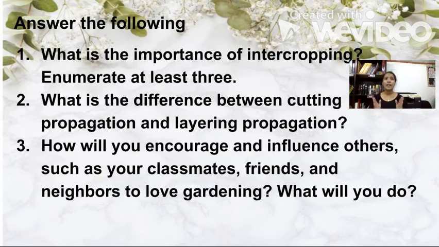You will just enumerate at least three. Next, what is the difference between cutting propagation and layering propagation? Last, how will you encourage and influence others, such as your classmates, friends, and neighbors, to love gardening? What will you do? All right, so any clarifications?